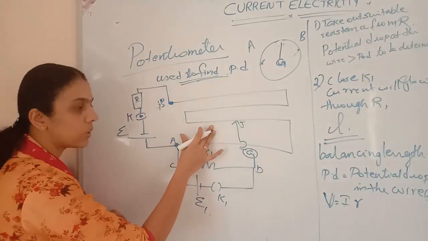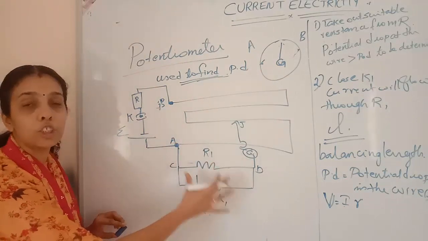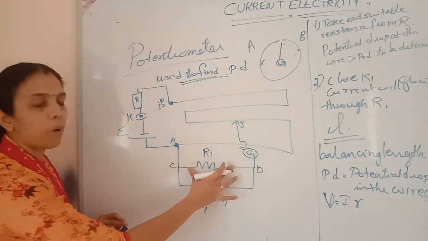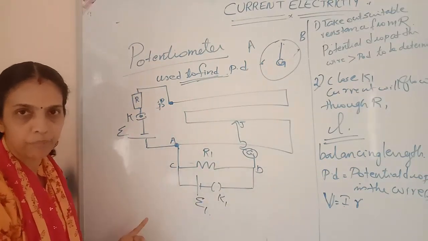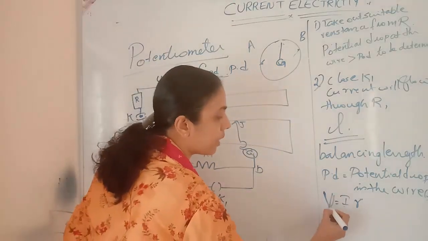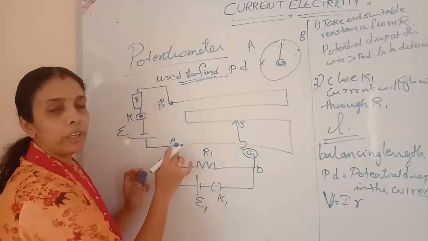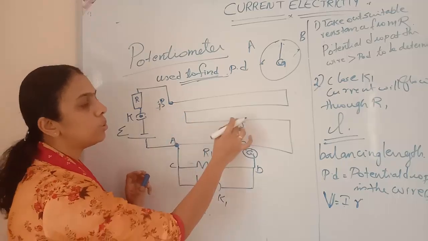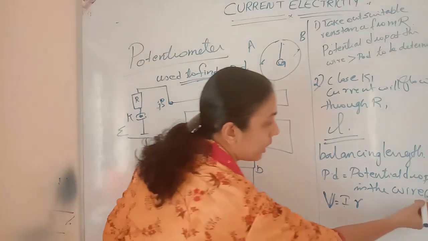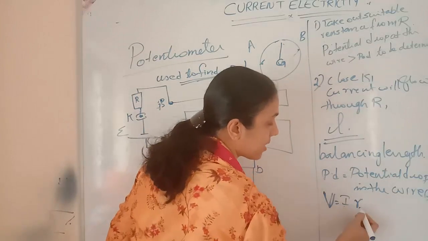If we find this, we can find the potential difference between the end points C and D. So for that we are going to find the potential drop across from A to J, which we gave as L. So V equals I into r.